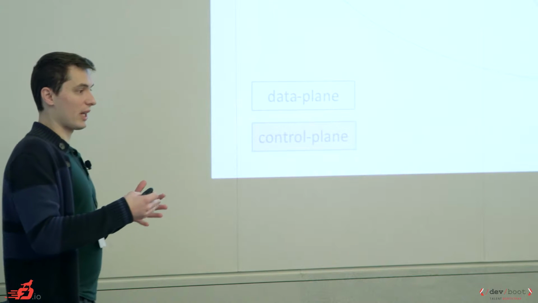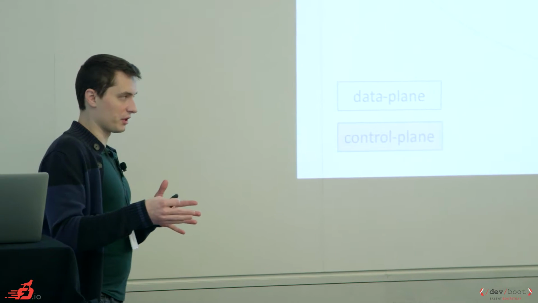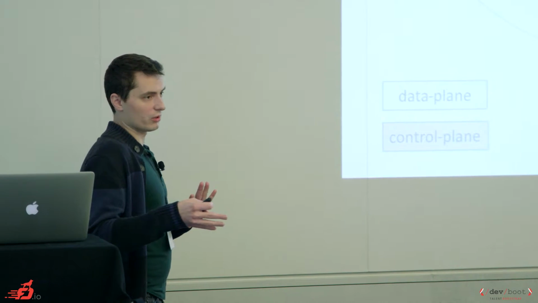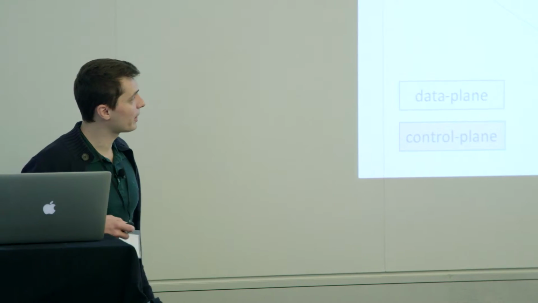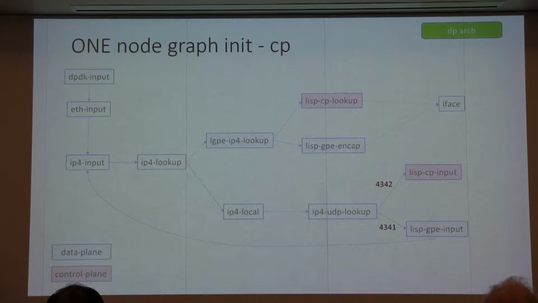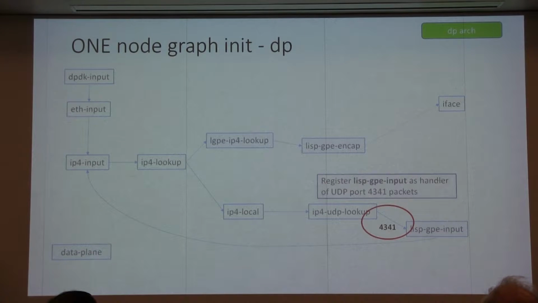That means we don't have a tunnel configured for this destination, so probably we should be going to the control plane to ask something. And on the ingress part from the control plane, LISP-GPE uses UDP port 4342 for LISP control plane packets. So anything that comes there will finally go to LISP control plane input, and we handle those messages there.